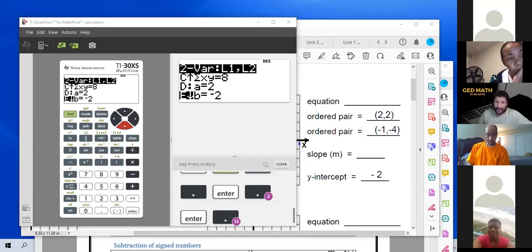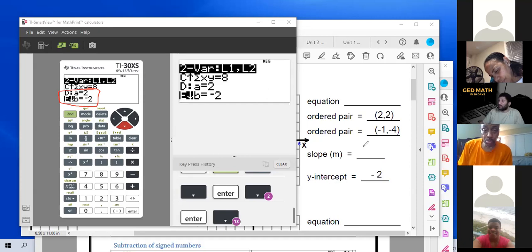So according to this calculator, what's my slope? 2. How do you know 2? Because I know the lowercase a is your slope, and I know that your intercept is the b. So my slope is the lowercase a. So my slope is 2.